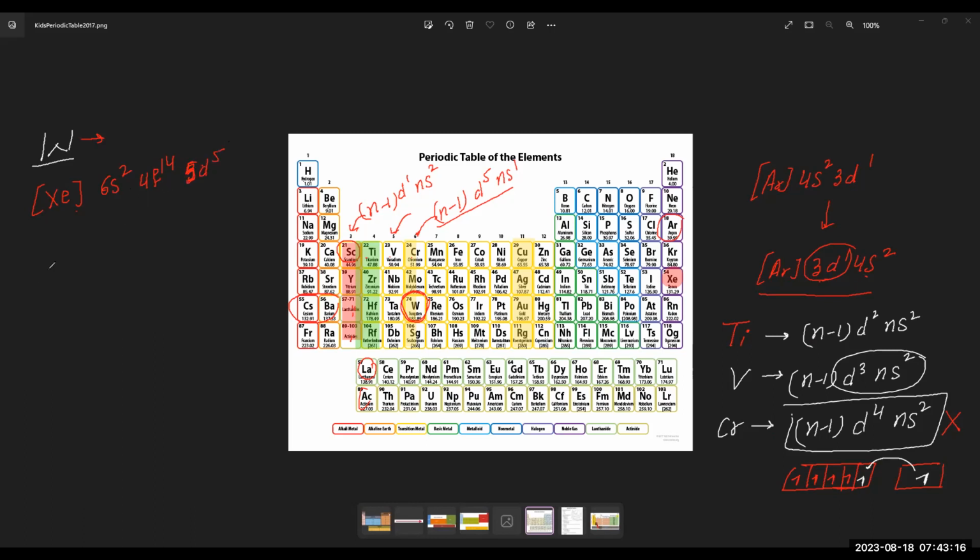Now put it in the right way. So xenon, 4f14, 5d4, 6s2. Outermost shell is this one. So it has only 2 valence electrons, right? And it is stable because this 5d is exactly half filled.